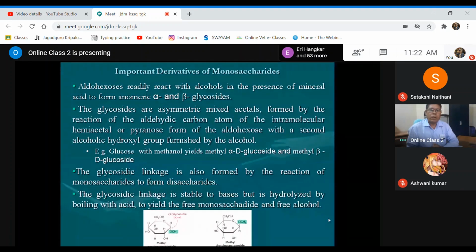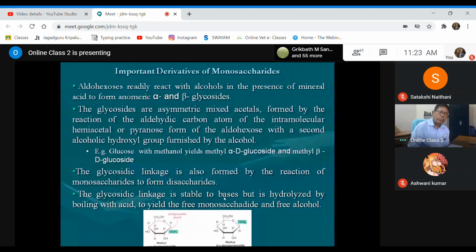First is the methylation at the anomeric carbon, that is, addition of a methyl group to the carbonyl carbon of the monosaccharides. Aldohexoses readily react with alcohol in the presence of mineral acids to form anomeric alpha and beta glycosides.